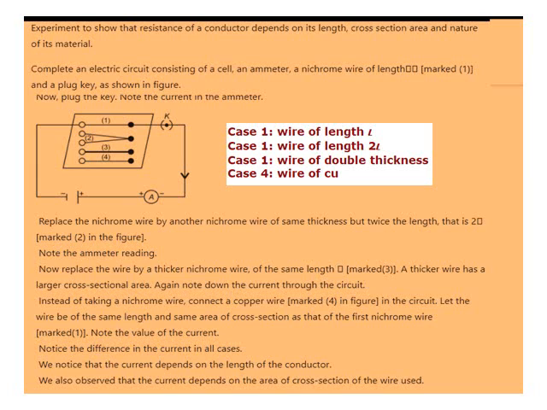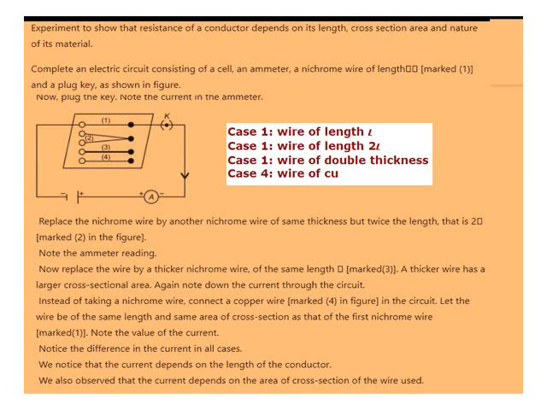In the third case, now replace the wire by a thicker nichrome wire of the same length L. A thicker wire has a larger cross-sectional area. Again, note down the current through the circuit.